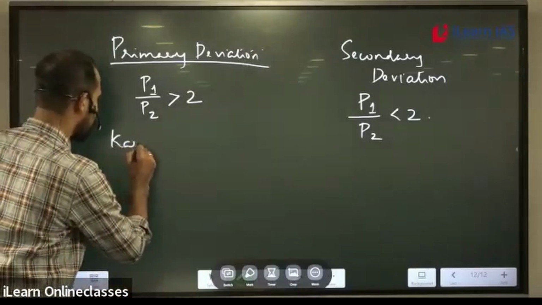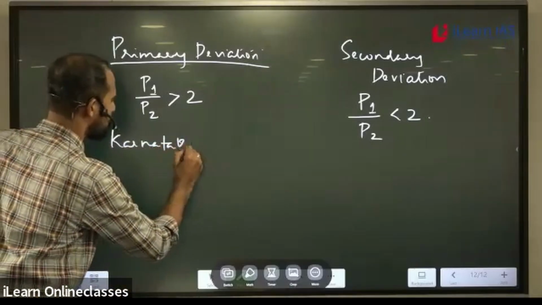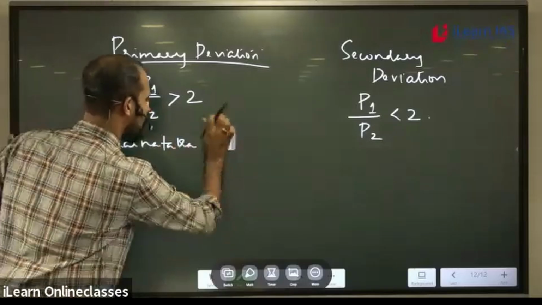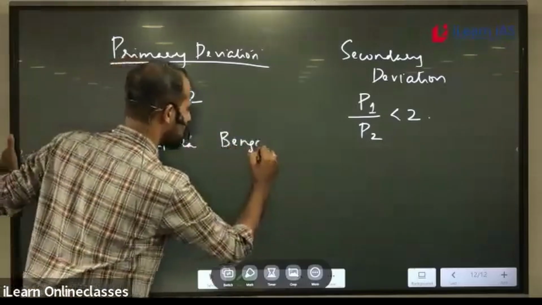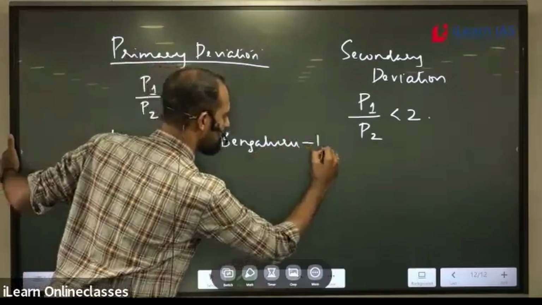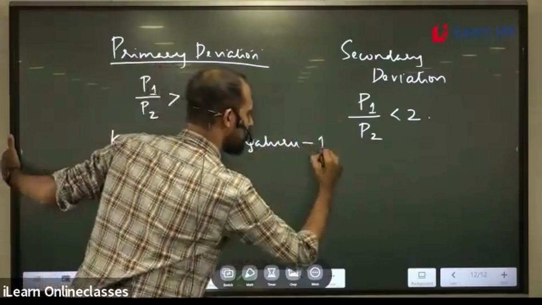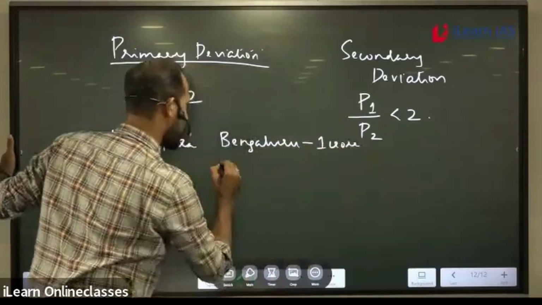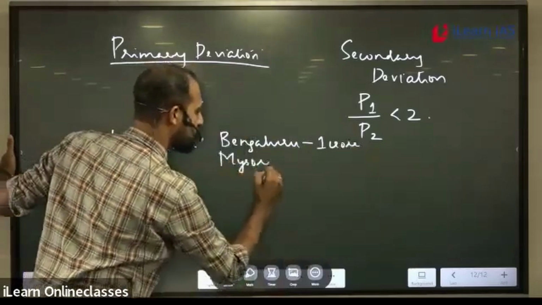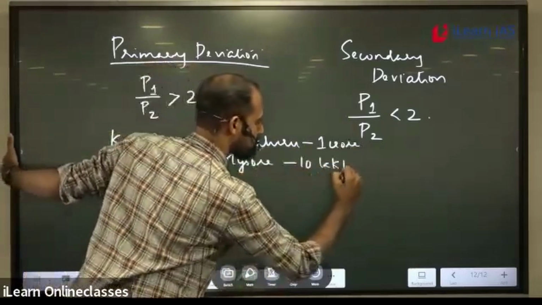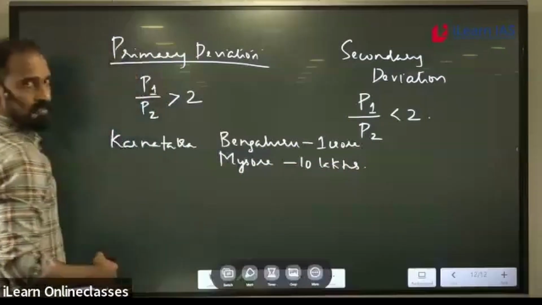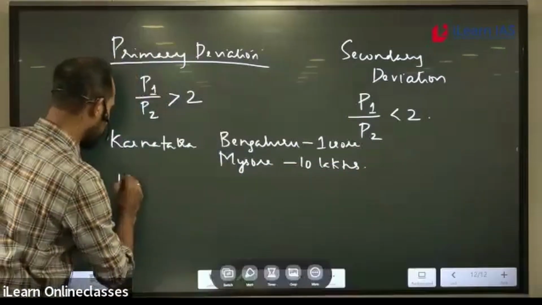Karnataka, large cities: Bengaluru has a population of 1 crore, while the second largest city is Mysore, which has only a population of 10 lakhs. So what about Tamil Nadu?